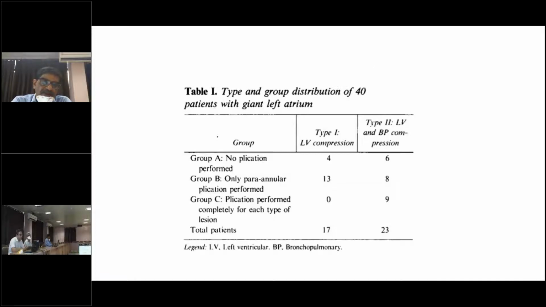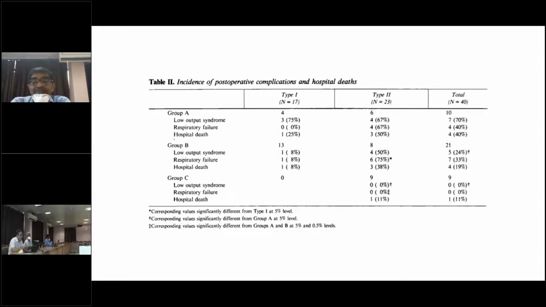They found that this was their diagnosis in all three groups, and these are the types with which they presented. BP is bronchopulmonary compression, and the other type is left ventricular compression. Bronchopulmonary compression comprised about 23 of these 40 patients.